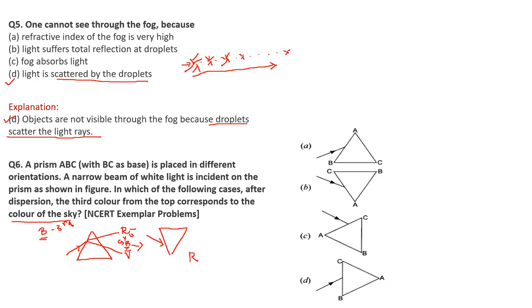And starting from violet, indigo, blue, green, yellow, orange and red, now blue is at the top third position, right? So definitely the orientation of the prism should be like this. So B is the right answer, where the prism is placed inverted.